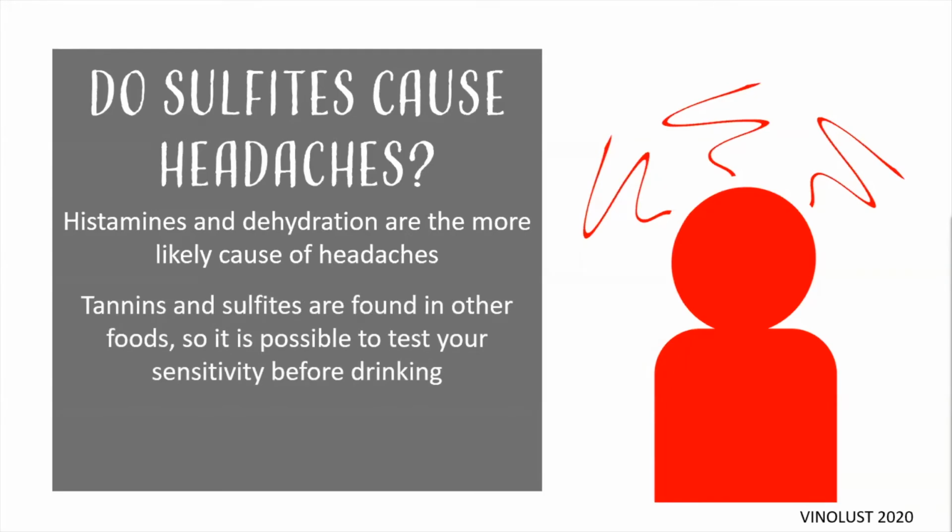So people also blame tannins a lot, because they oftentimes get headaches after drinking red wine. And then they'll say, oh, it's the tannins or the sulfites. So a couple things to remember, actually, your red wines tend to have less sulfites than white wines and sweet wines, partially because the tannins themselves are antioxidants, right?